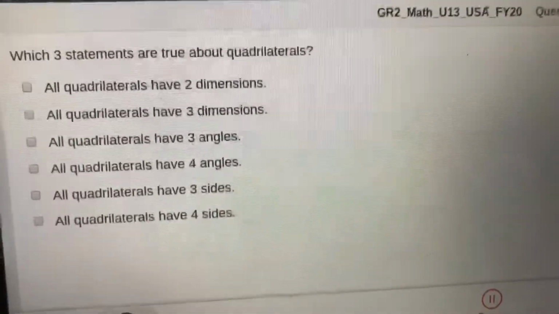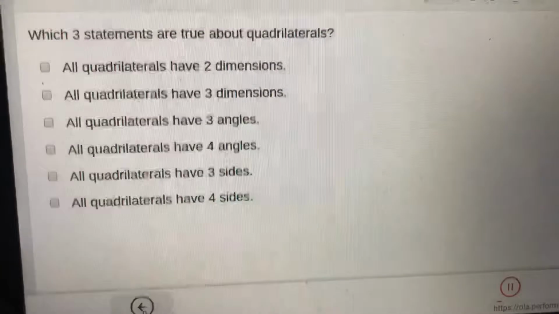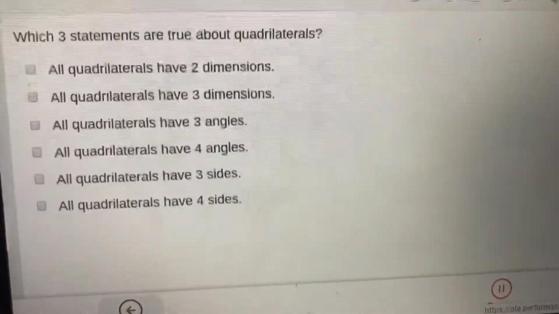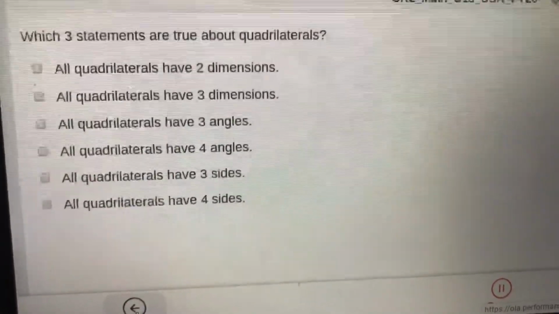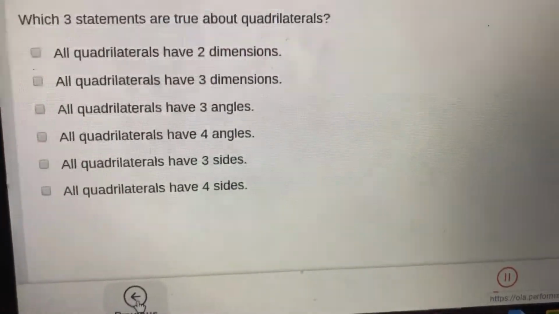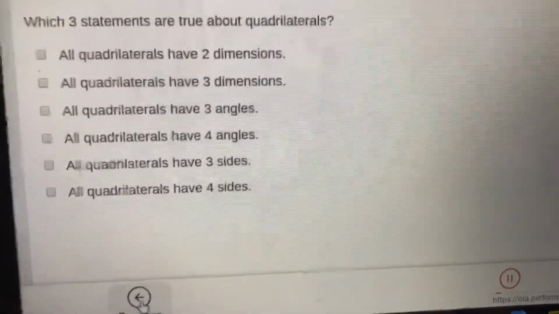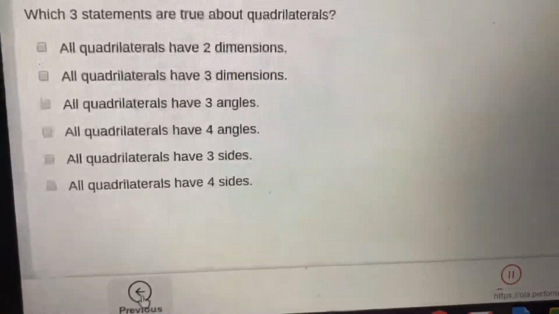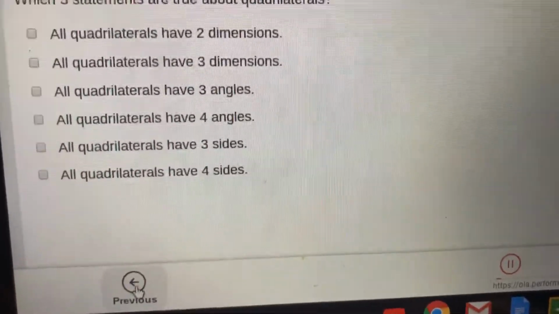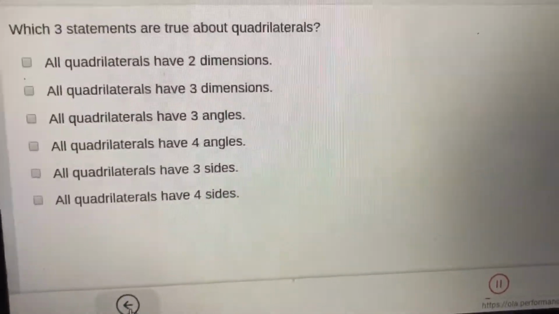All quadrilaterals have 2 dimensions. That means all quadrilaterals have to be flat. All of them, that's the key word. Or all of them have to have 3 dimensions.